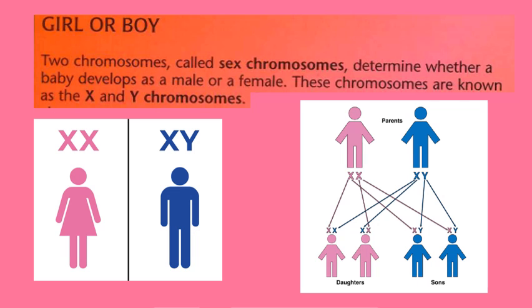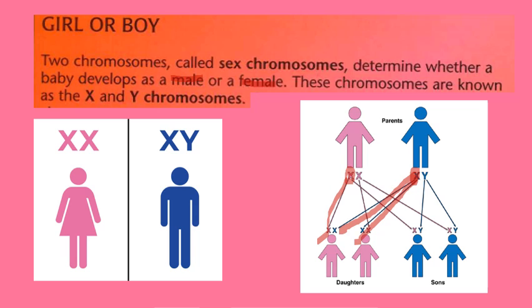So, how do we know if you're going to have a boy or a girl? Well, two chromosomes, called the sex chromosomes, determine whether a baby develops as a male or a female. These chromosomes are known as the X and Y chromosomes. So, your mom has two X's and your dad has an X and a Y. If your mom's first X and your dad's first X come together, then they have girls.